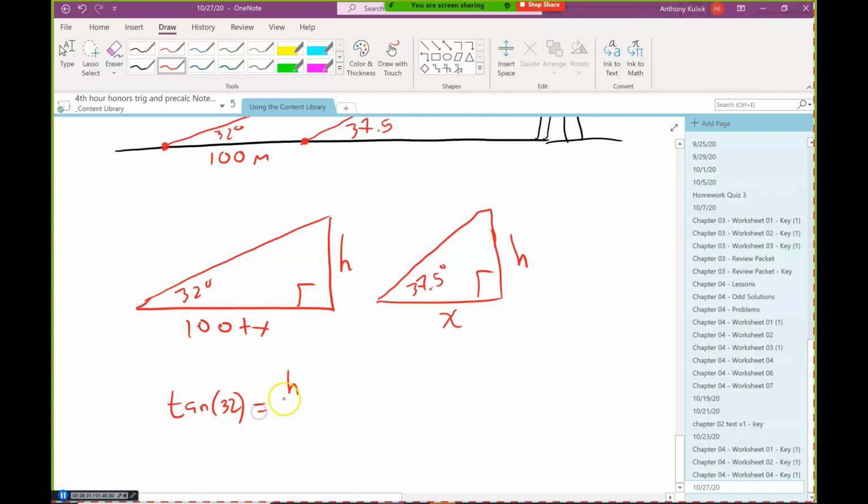And for this triangle, I can say tan 37.5 is equal to opposite over adjacent. If I cross multiply, I can say that H is equal to (100 + X) times tan 32, and here I can say H is equal to X times tan 37.5.